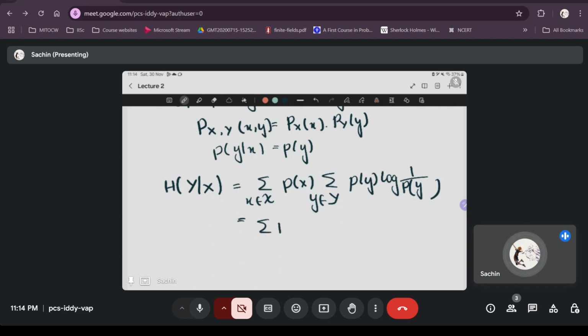So this is nothing but p of x. You can see this is by definition H of y, and H of y does not depend on x.